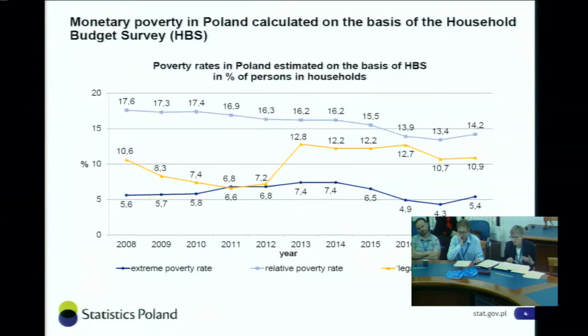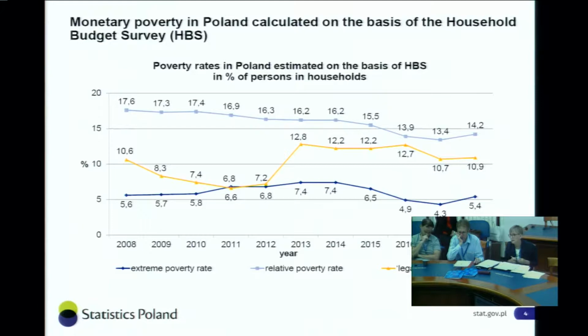The so-called legal poverty line: the application of the threshold allows us to indicate a group of persons who are potentially entitled to apply for a cash benefit from social assistance. And the extreme poverty line: the basis for determining it is the subsistence minimum.